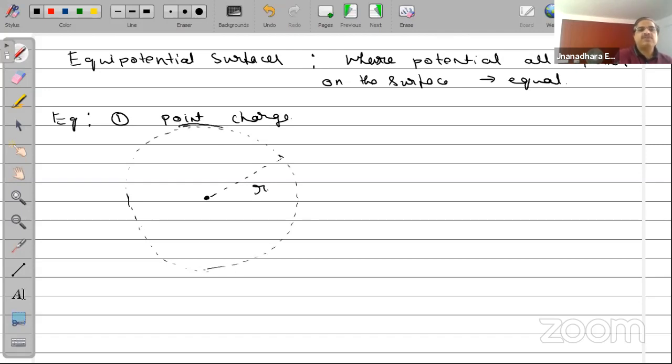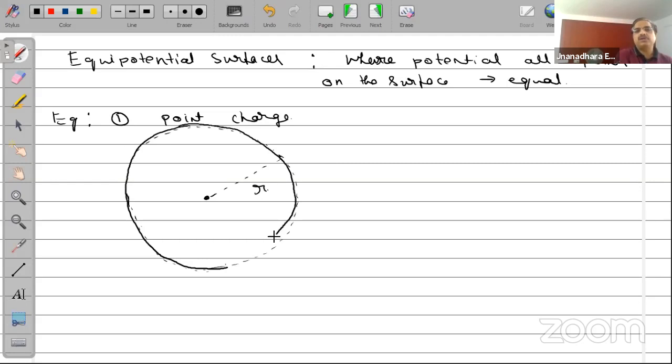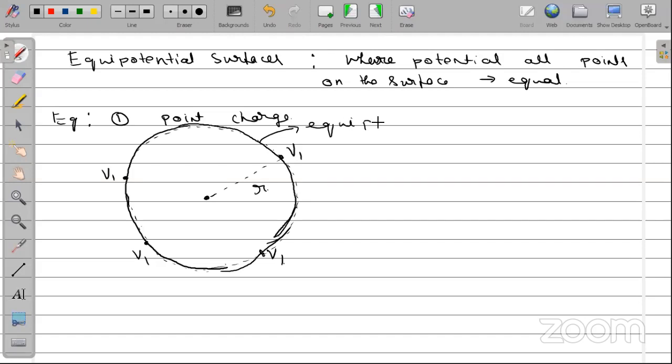Therefore, on the surface of a sphere of radius r, the potential will be same at all points. If I take this as V1, the potential at any point here will be V1 itself. And therefore, this will be called an equipotential surface.